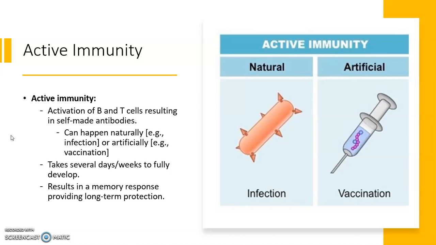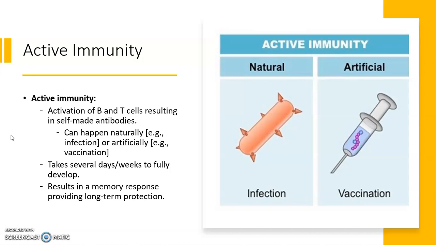And this will typically result in the production of our own antibodies to fight off the infection. But the main thing in active immunity is you are actively activating your own cell lines, your own T cells, your own B cells, to fight off the infection and build your adaptive immune response.